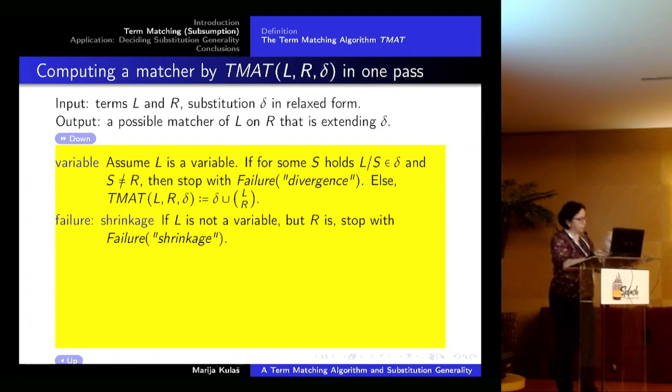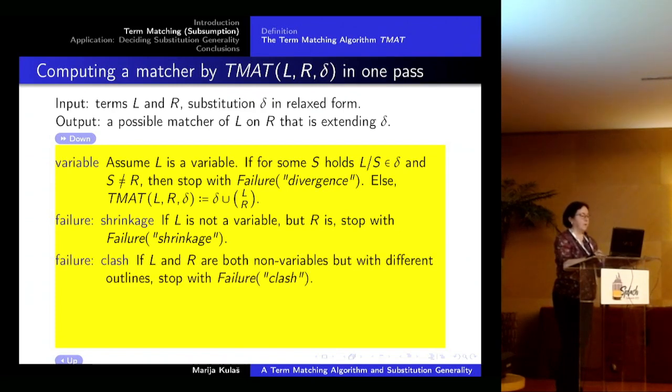The other 3 rules are handling the case of L not being a variable. If L is not a variable but R is, we have shrinkage failure, because we are trying sort of to shrink a non-variable back into a variable, which is not possible with a mathematical function.